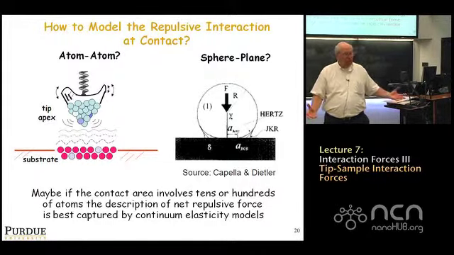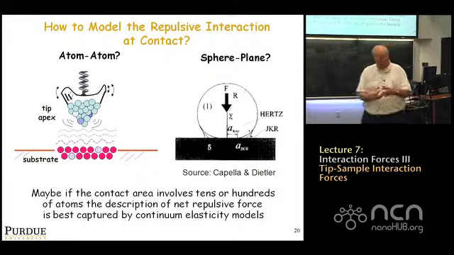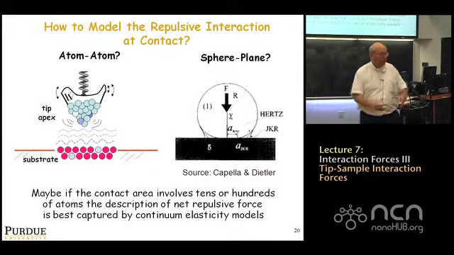You've got two choices. One choice is you can think of the tip as a bunch of atoms, and you can think of the substrate as a collection of atoms, and then you can think of the interaction between the tip and the substrate as a collection of atom-atom interactions, or molecule-atom interactions, depending on what your substrate is made of.